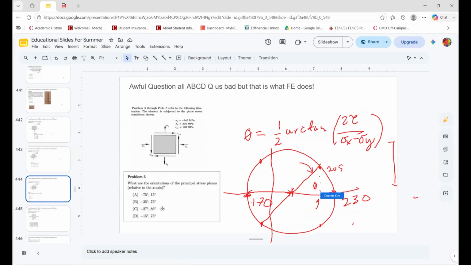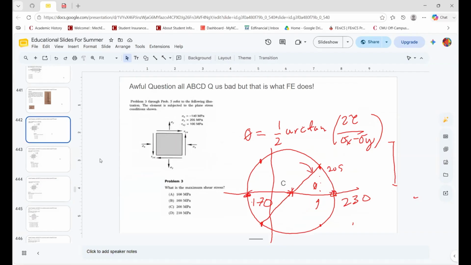How you do that is we already have the radius over here. What was the radius of this whole thing? C, so it's 200. Does that even make sense? 230 minus, oh, this is minus, right? Minus is plus 170 is 400. Yeah, that makes sense.